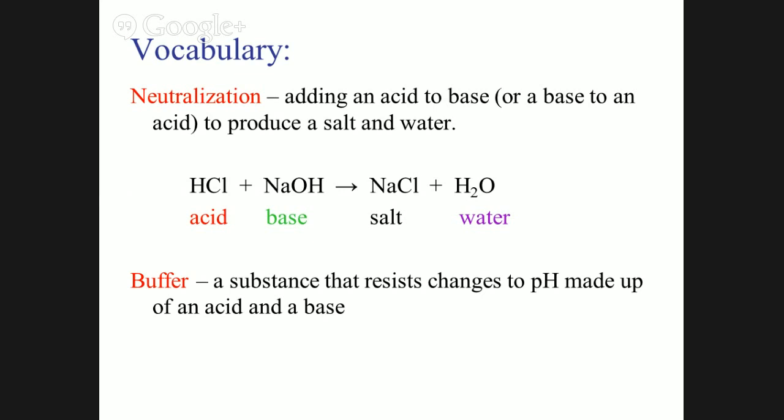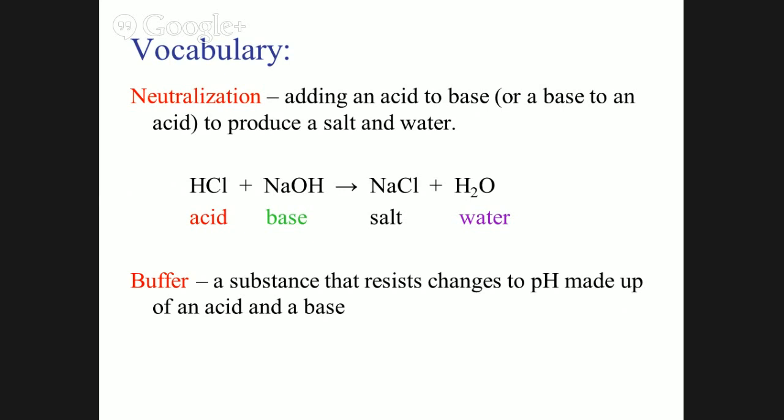A buffer is something that resists changes to pH. Generally, it's made up of both an acid and a base at the same time, so that if you added an acid, the base part would neutralize it and resist the change in pH. Or if you added a base to it, the acid part of it would neutralize the base and again resist the change in pH.